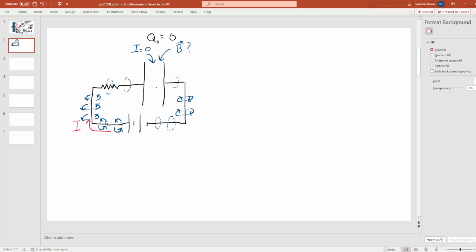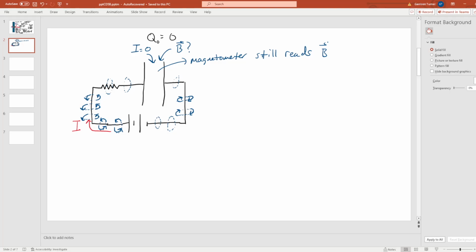But here's the thing. If I put a magnetometer in between the plates, your magnetometer still reads B. Okay? So what's going on?